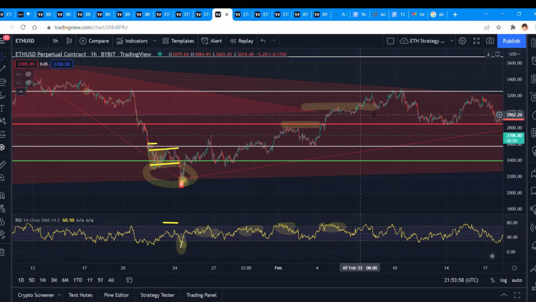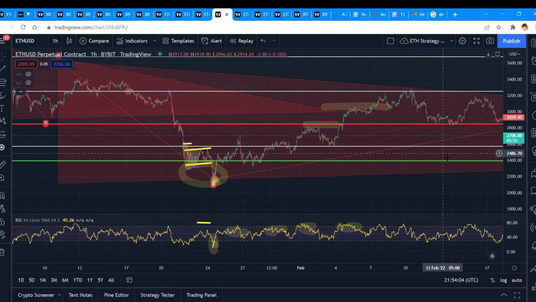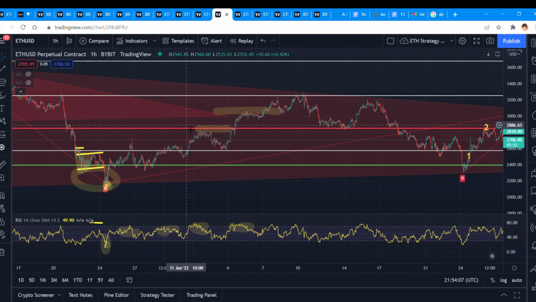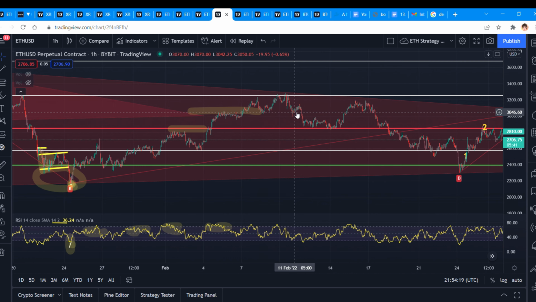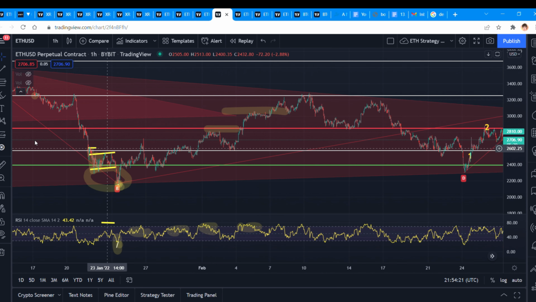And here was a brilliant swing up. What did I do here? I went into a short here, because I thought this is mountain peak, and then I DCA'd for this one, and that takes us to this pattern here.